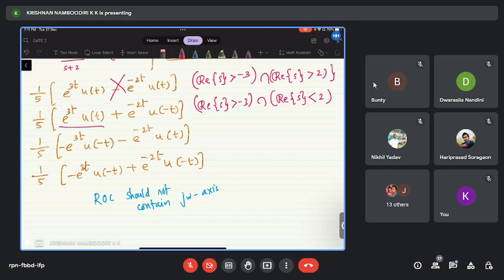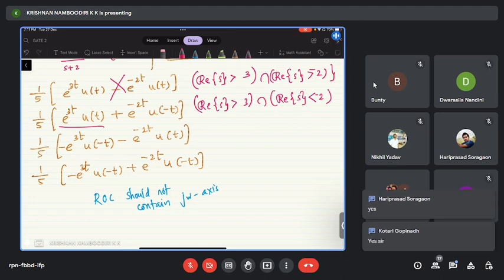I think I'm making a mistake here. So this should not be 3. This is minus, correct? Can somebody confirm? Yeah, this is correct, right?